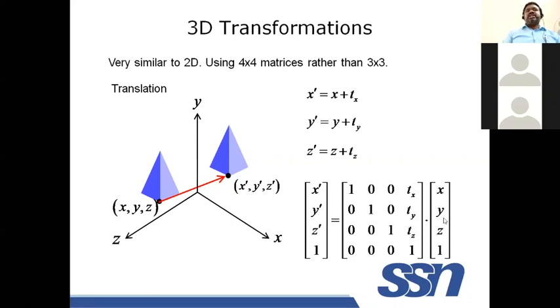This is the initial coordinates x, y, z, written as a column vector with 1. If you multiply these two, actually adding, this expression is written in matrix form so that we can have the new location of this point. The new location, x prime, y prime, z prime, can be calculated by using this matrix.